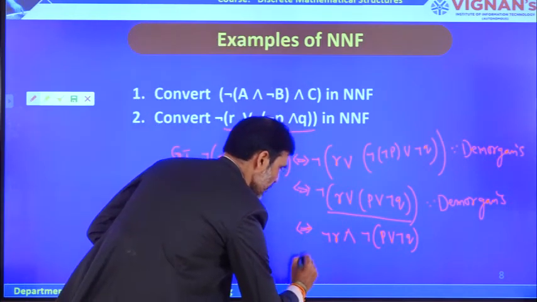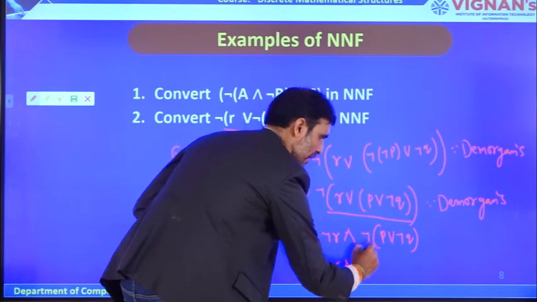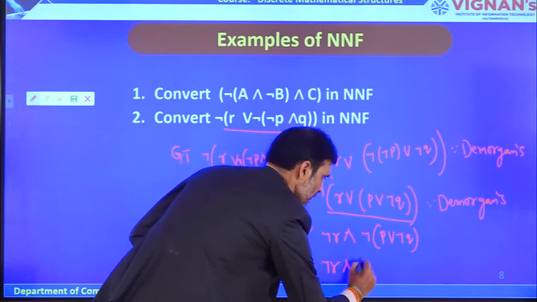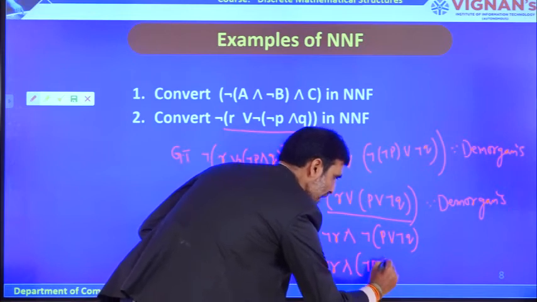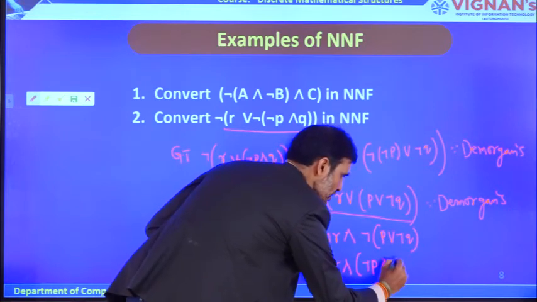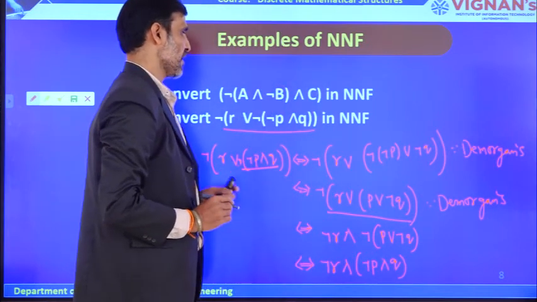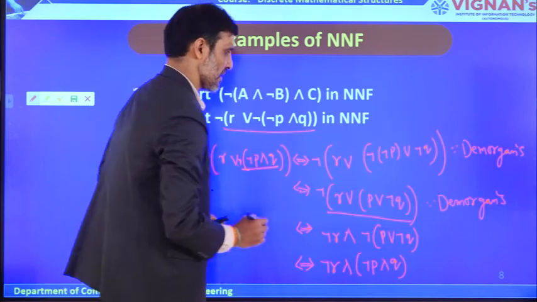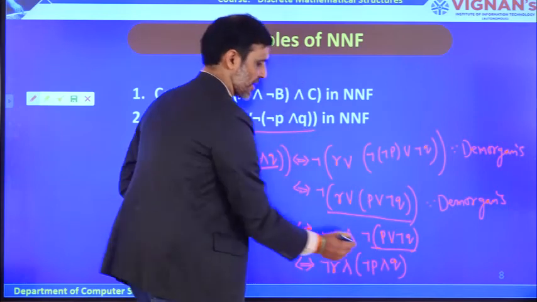So negation of R, and again apply De Morgan's law for this. What you can get now? Negation of P and negation of Q. We get like this. Again we applied De Morgan's law for this, and we got this.